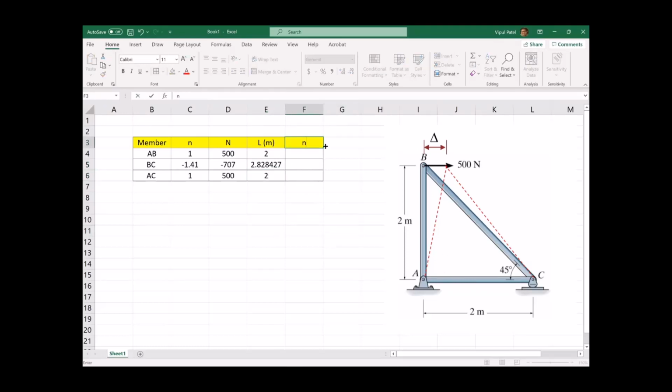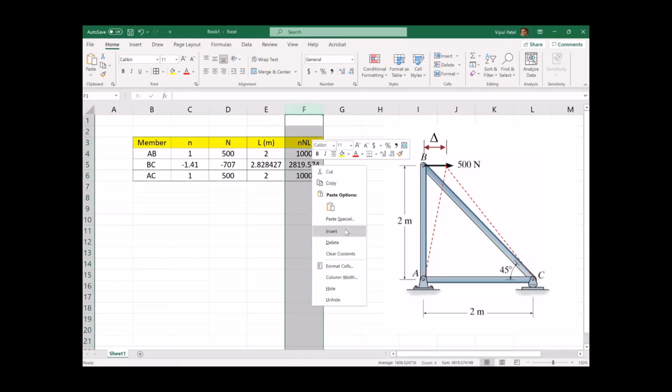And here we will have capital N, capital L. So we will multiply this 1 times this times this, and then we got this here. Let me put the E and A as well.